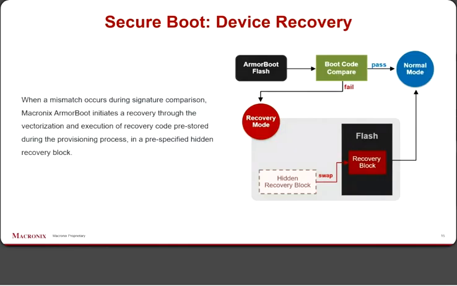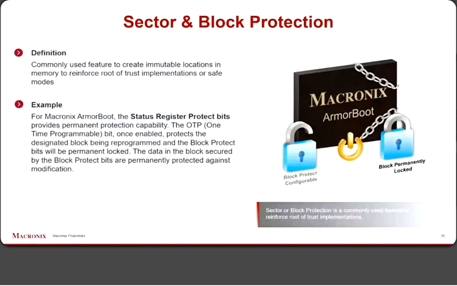The last security concept that I want to talk about is sector and block protection. I've mentioned it previously, but essentially what it does, it allows for commonly used features to create immutable locations in memory to reinforce root of trust implementations or safe modes.